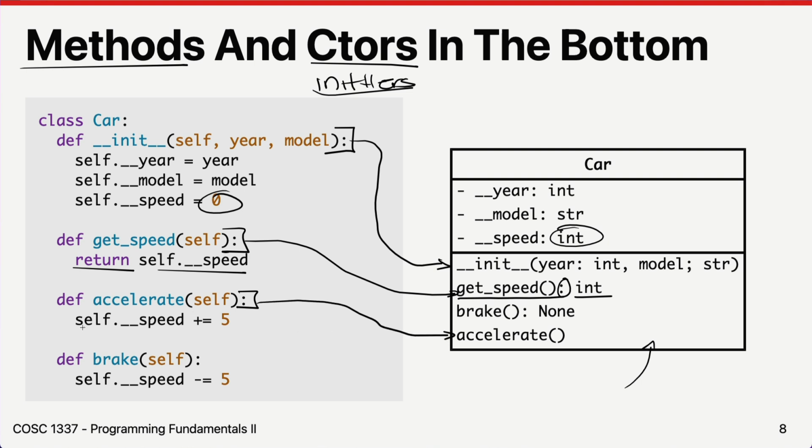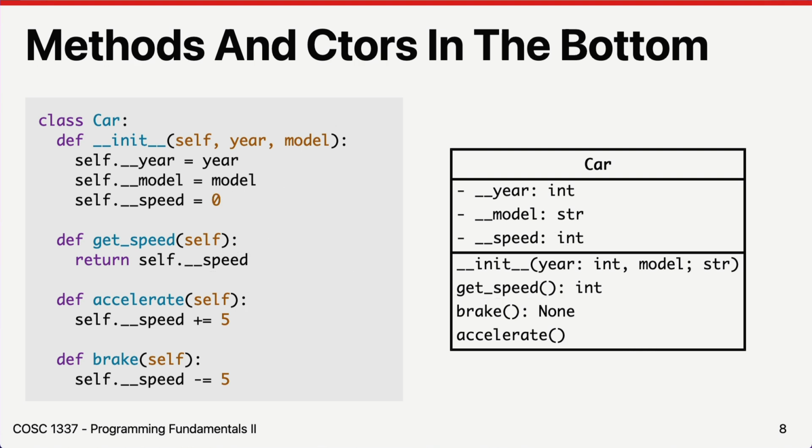And in this case, there is no return statement, so we don't put anything here. And then we have the brake right here, which is right there, and it also doesn't return a thing. So some people like to do colon None to say that it returns nothing. So some people write it like this. Some people write it where there's nothing after it.